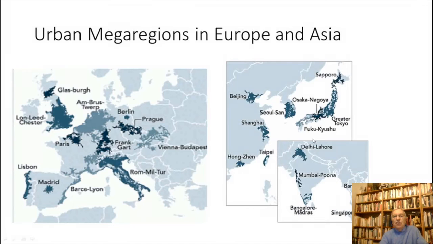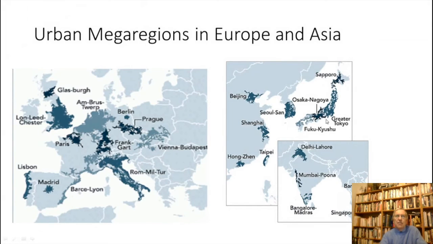And you see this also, of course, in South Korea, in Japan, almost all of Japan. Almost all of Japan is part of this mega region, really, because you get 130 million people living on a fairly small area.